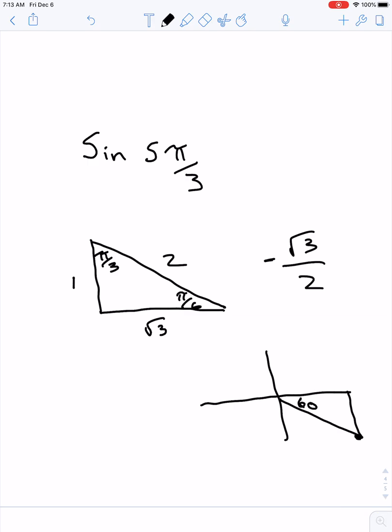So you want to make sure that your answer represents that, because remember, we have everything positive in the first quadrant, sine and cosecant positive in the second, tangent and cotangent positive in the third, cosine and secant positive in the fourth. So let's just go through that one more time. So pi over 3 is equal to 60 degrees. 5 times 60 is 300.